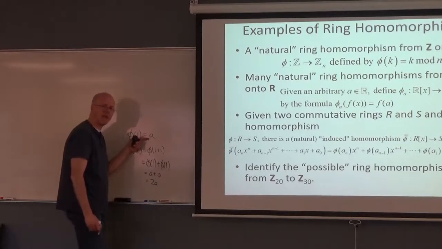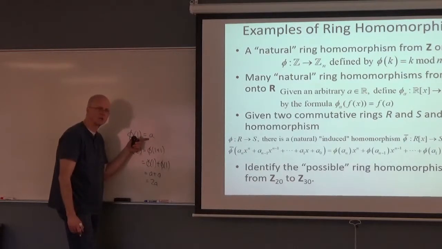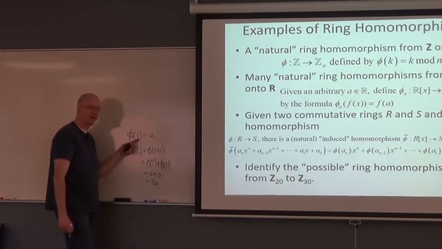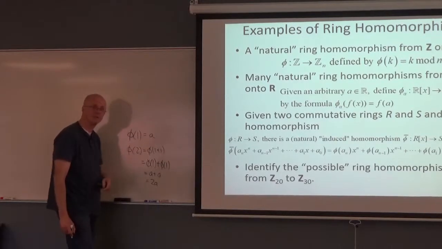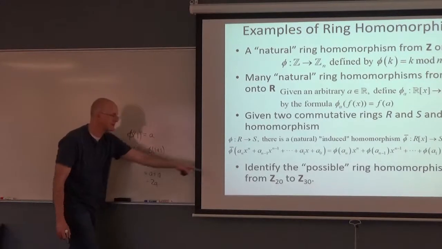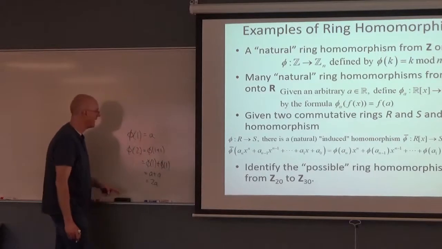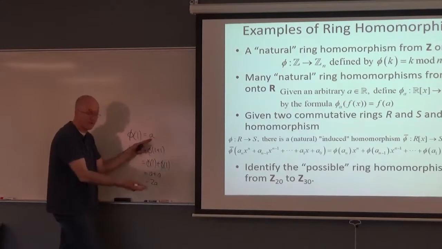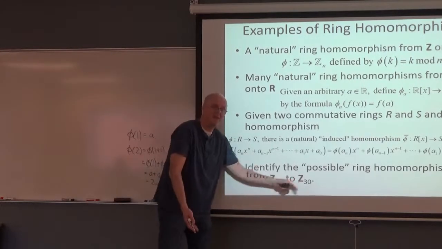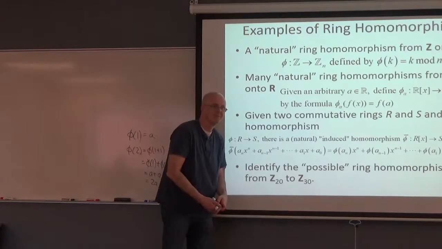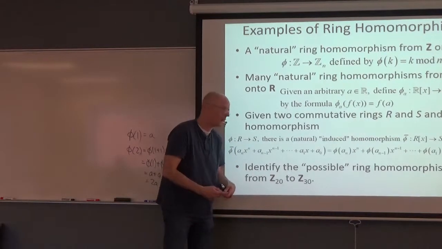The order of A, group order under addition, has to divide the order of 1, so it has to divide 20 for this example. And as an element of Z30, its order also has to divide 30. So then you have to ask, what are the possibilities?